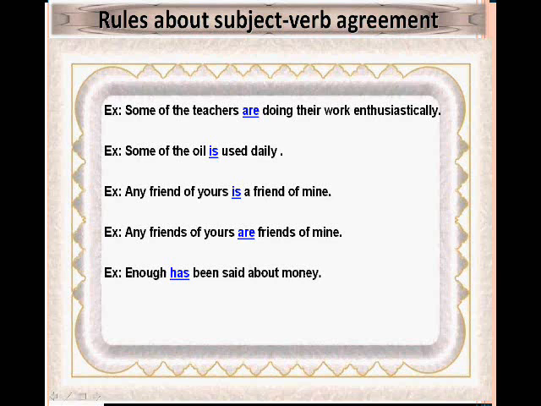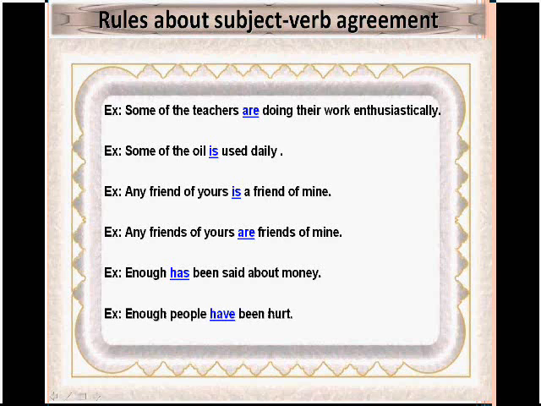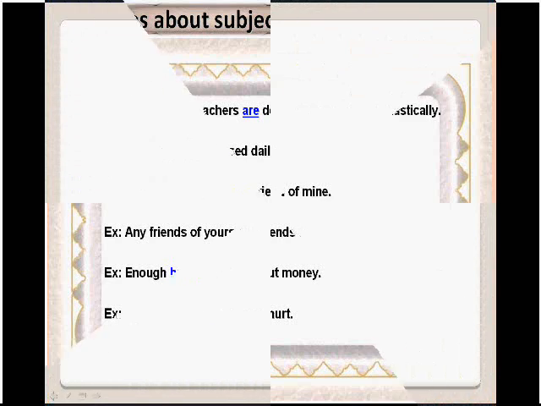If I use the word enough, so let's say enough has been said about money. Of course, here enough takes a singular verb. If I have here enough people have been hurt, what came after enough is, of course, a plural, and it is a countable word, people, then the verb should be plural, have.